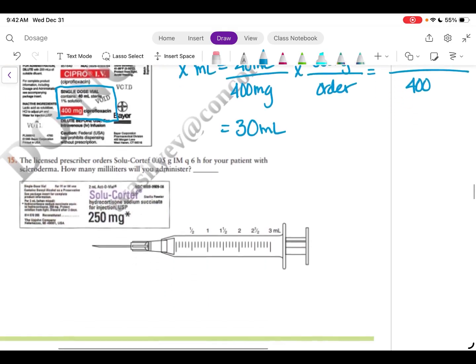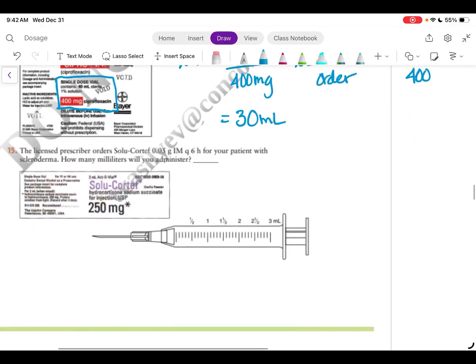Number 15. You have an order of Solu-Cortef or hydrocortisone 0.05 grams, right? Be careful with the units here. How many milliliters will you administer? And so here, this label again, a little confusing.